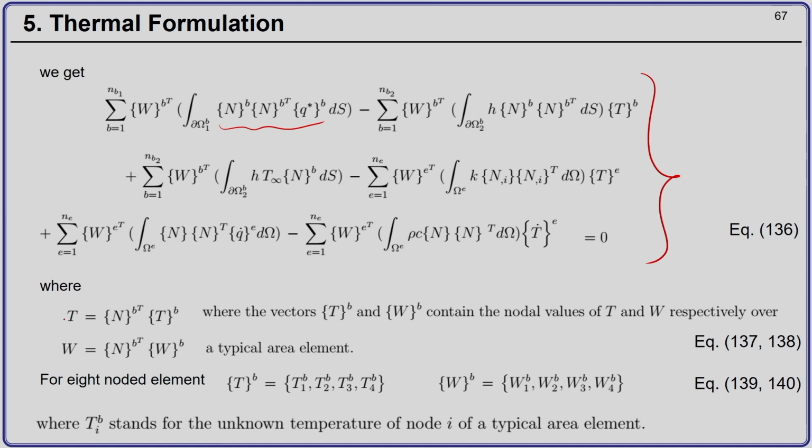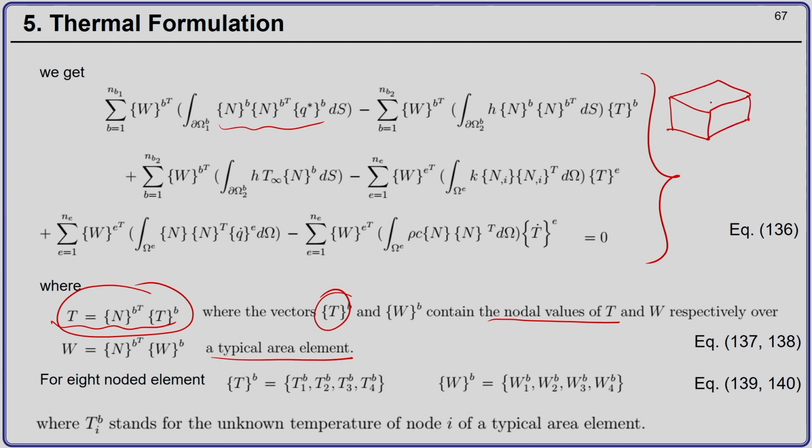Here we have used the boundary. At the boundary we have to use T equal to N_B transpose T_B, where T_B contains the nodal values of T over a typical area element. Remember, for an 8-noded element which lies on the boundary, at the surface you will have only 4 nodes.